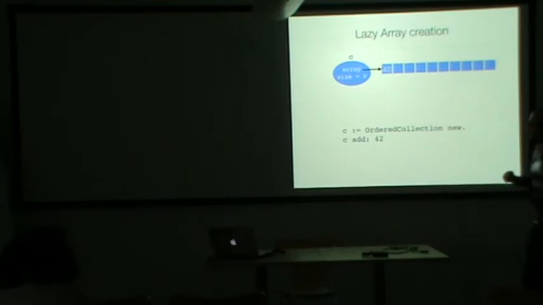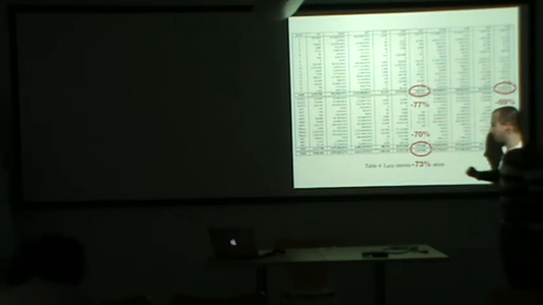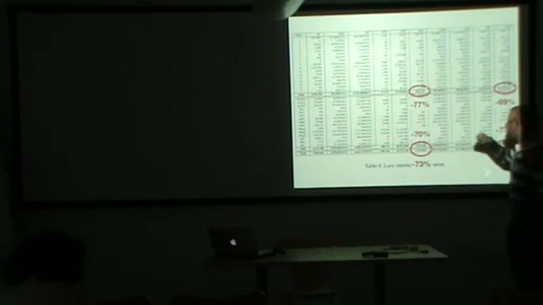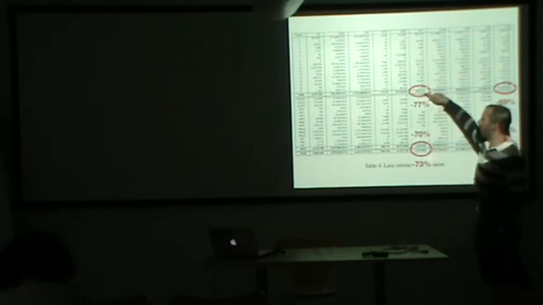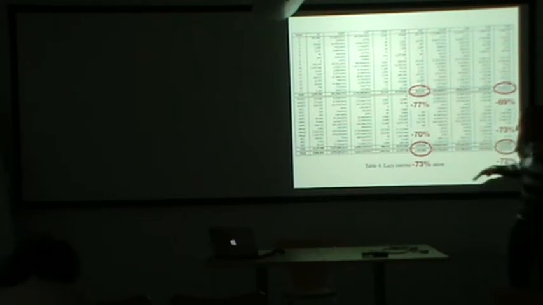Just this optimization has a very, very strong impact on the benchmarks. From these 8.6 million expandable collections, just with this optimization, we went down to only 500,000 expansions, meaning that we have 77% fewer arrays that have been created.